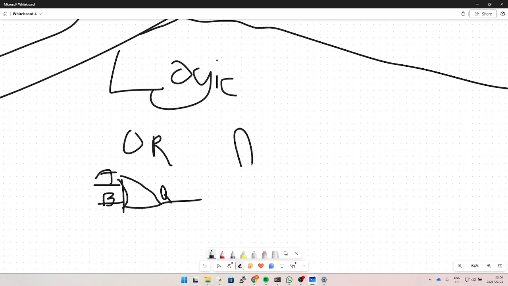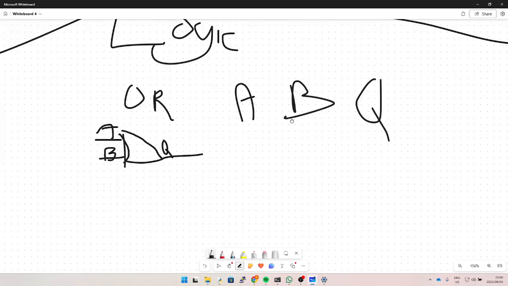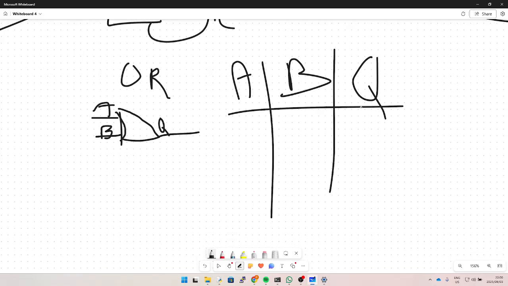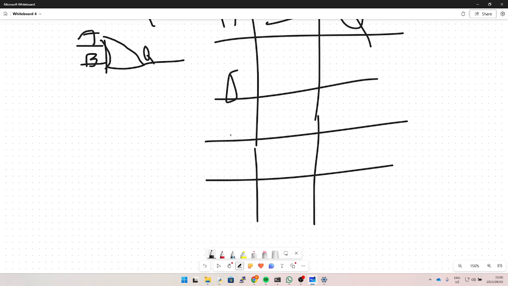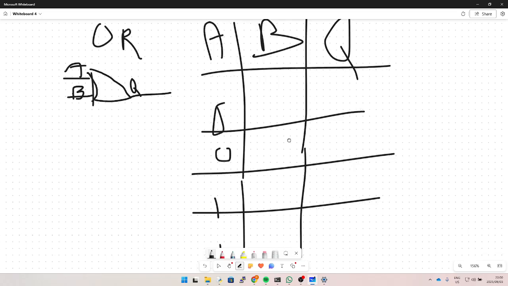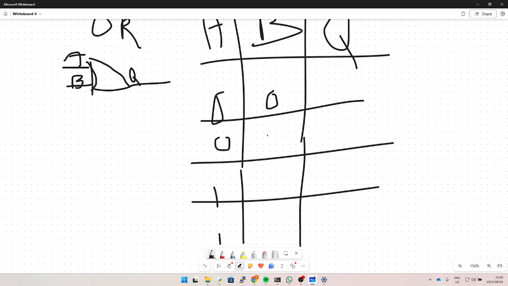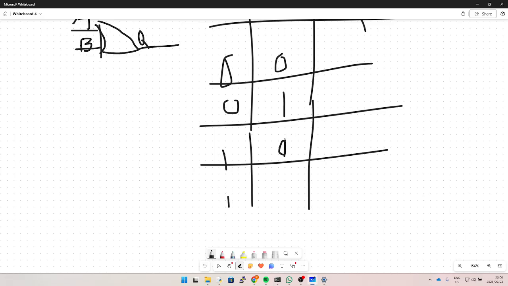Now, we represent it in a table that looks like this here. Now, this is off, this is then off, this is on, this is on, off, on, this is off and on.